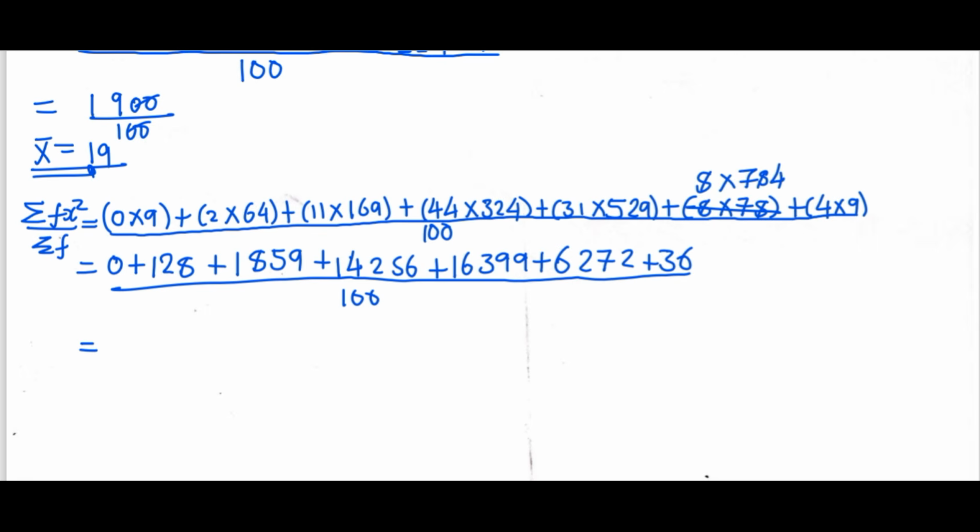So I'm getting 38,950, then over 100. So if we divide by 100, I'm getting 389.5. So now we can write our formula here.